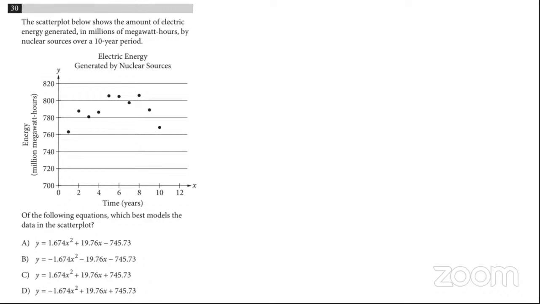See, the y-intercept is the point where the curve cuts the y-axis. Here, the values on the y-axis which are near the plot are positive, around 720, 740, 760. It's towards the positive side.